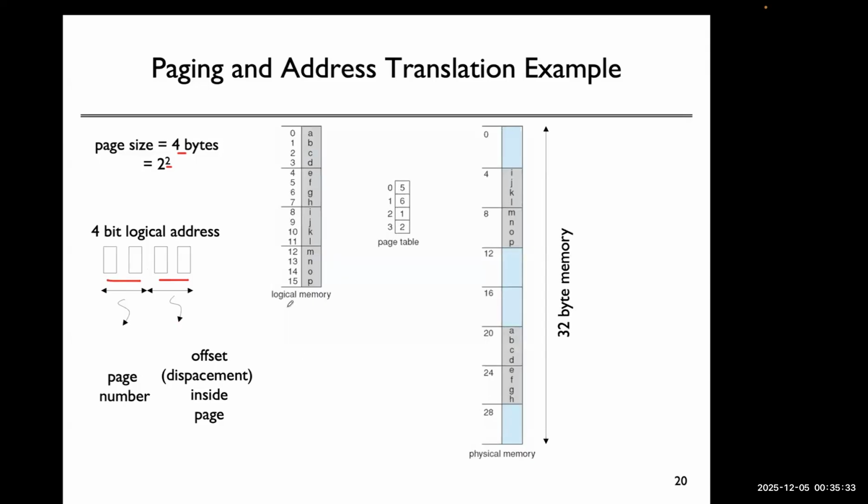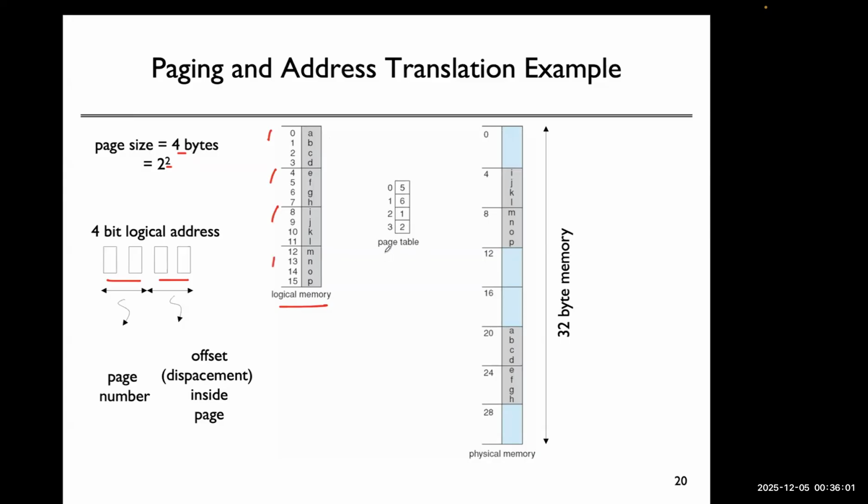Now, let's say we have this logical memory or logical address space of a process ranging from 0 to 15, and the value at logical address 0 is A, at 1 we have stored B, at 2 we have C, and so on. Since our page size is 4, we have 4 pages: page 0, page 1, page 2, page 3, right?